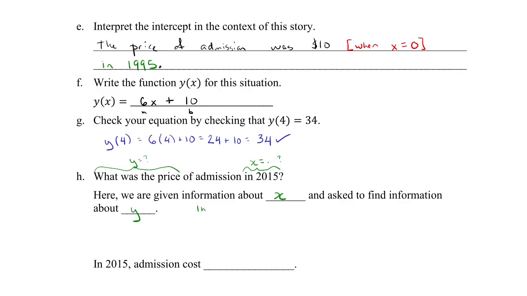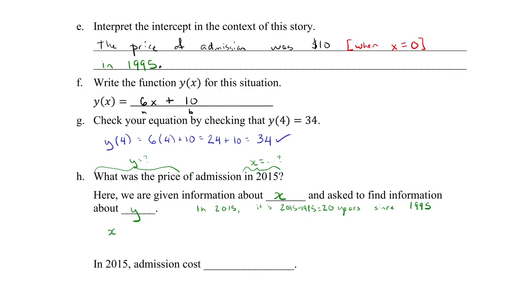So in 2015, it's how many years since 1995? Well, to figure out the number of years since 1995, we take the year and subtract 1995. So 2015 minus 1995, that's 20.